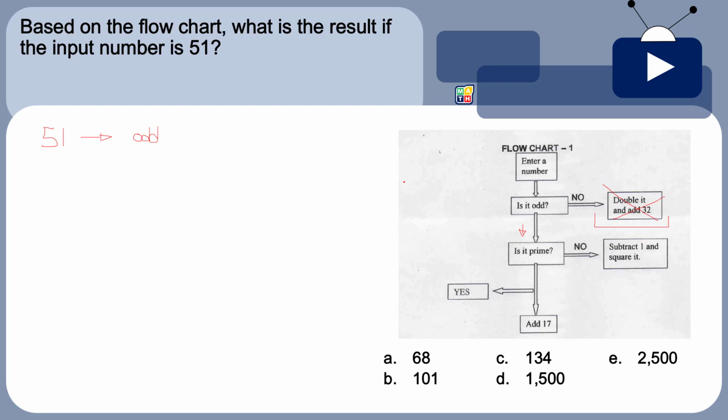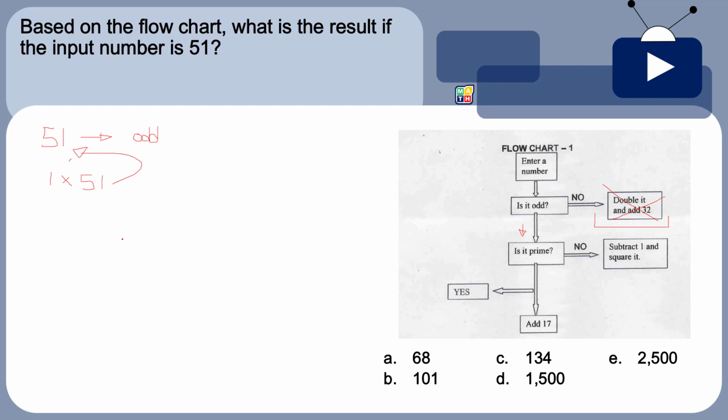Kasi pag makahanap tayo ng factor ng 51 using the divisibility rules, then it's no longer a prime. Because for a number to be considered a prime po, it should have only factors 1 and itself. In this case, it should only be 1 and 51 so that 51 could be considered as prime.